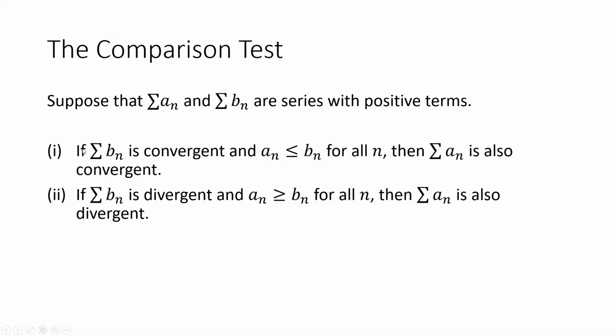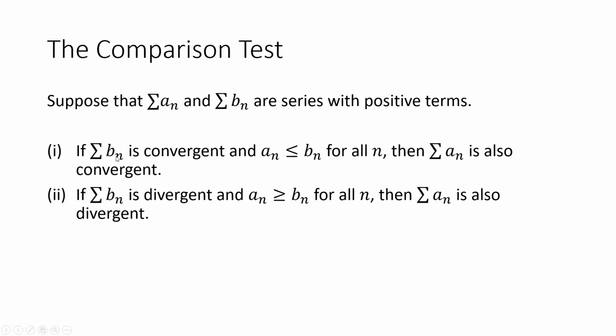It's like a p-series or a geometric series, one that's really easy to tell whether it's convergent or divergent. And the An series is something that resembles it in some way, or one that has terms that are less than or equal to the terms of Bn. In that case, if the Bn series is convergent, then the smaller series must also be convergent.